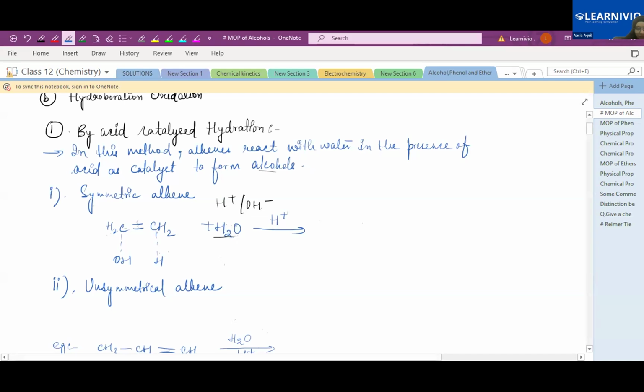So what you will get: this is CH2, and here you can attach OH, and this is your CH3. So basically you will get CH3CH2OH.